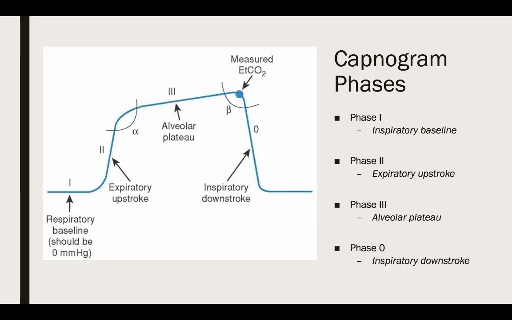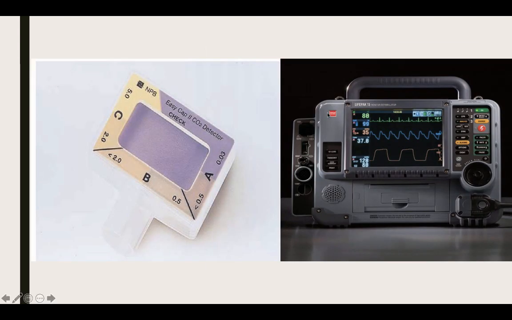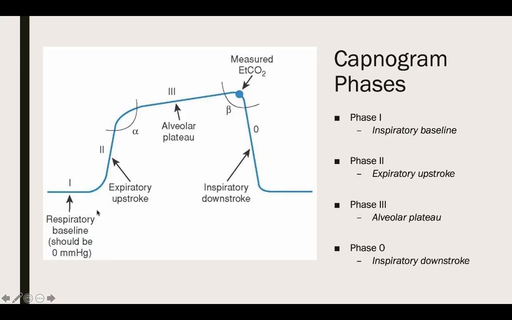Now let's talk phases of that capnogram. We had this shape of this wave that we saw right here. We've got this little box shape, and what does this box shape mean? Well, we've got phase 1, phase 2, phase 3, phase 0, and it's kind of weird, right?